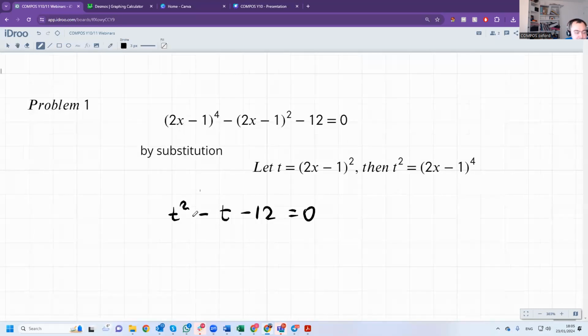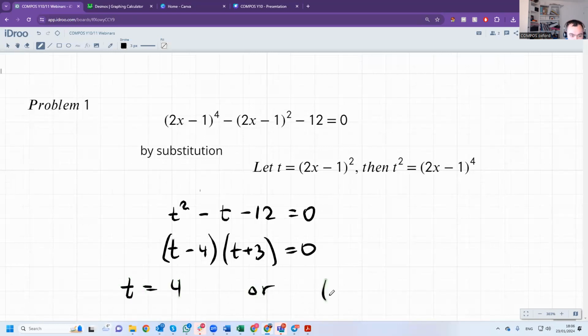So this is the equation, and we can solve it by factorizing, for example. So (t minus 4)(t plus 3) equals 0. That means t equals 4 or t equals minus 3.